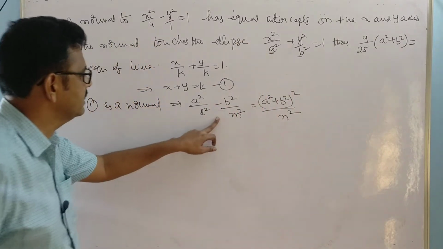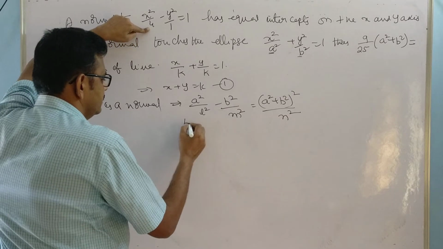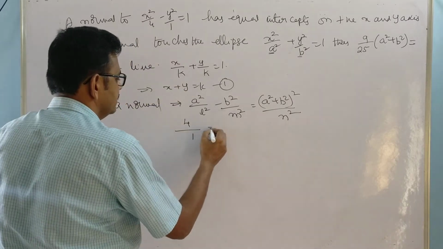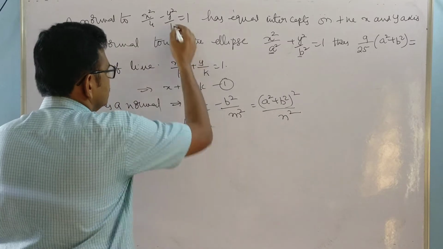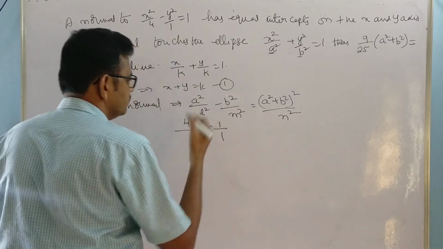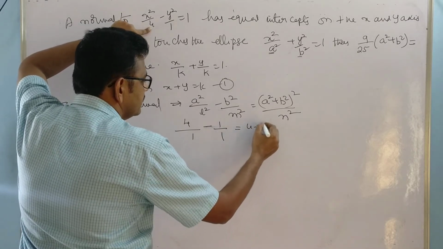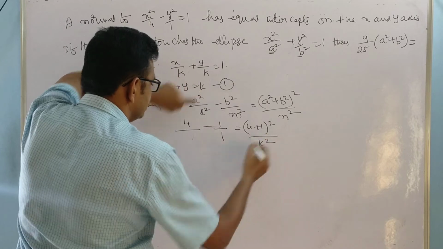So this is the condition for normal, where a square is 4, l is 1, m is 1, b square is 1, and n square is k square.